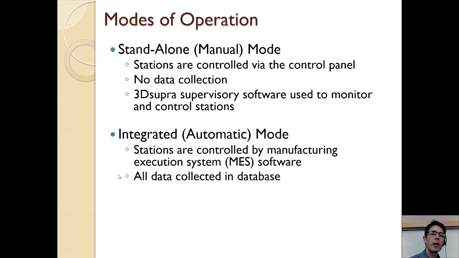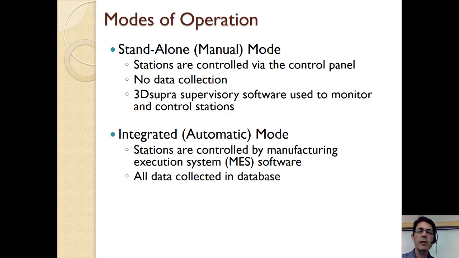The other mode is integrated mode, where the stations get switched over to a mode where they're listening to the server computer, the main server, for commands. So this is where you would set up an order and put the order in through the server, and then the stations would automatically start kicking into action and doing what they have to do to produce the products.